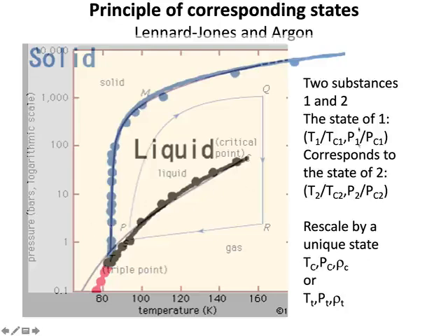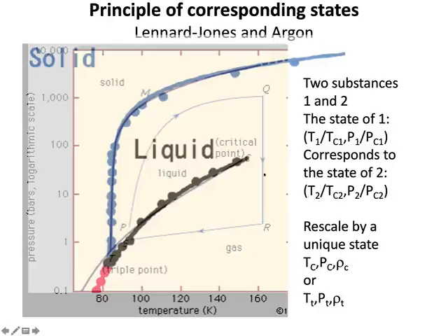Then you get rescaled temperatures and pressures that you can compare between the two substances. So this rescaled value of temperature divided by the critical temperature corresponds exactly to the state of the other, which has the same value of T2 over Tc2.